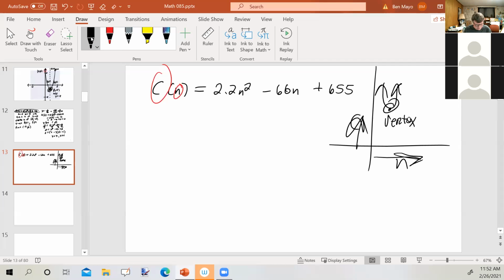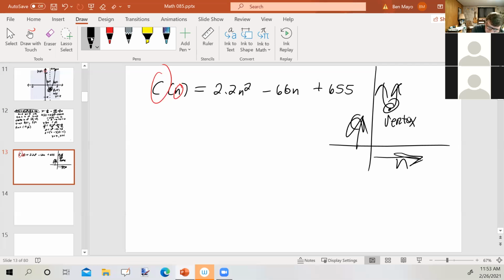For what number of minutes is the cost of running the machine a minimum? Well, where is the minimum C value? It's at the vertex, that low point. So what I need to do is find the input and the output of the vertex. Instead of calling it X and Y, I called it input and output because we're using N and C as our variables, but it's the same thing.